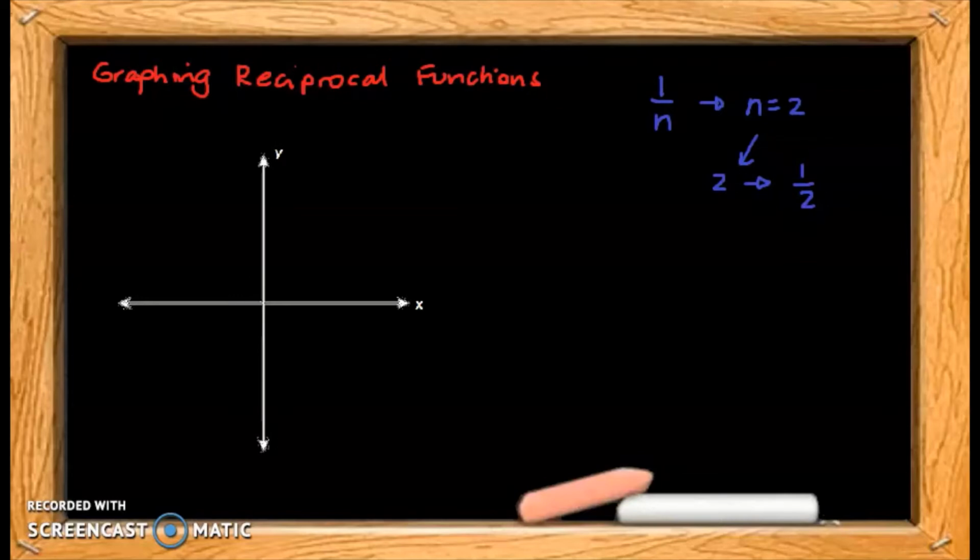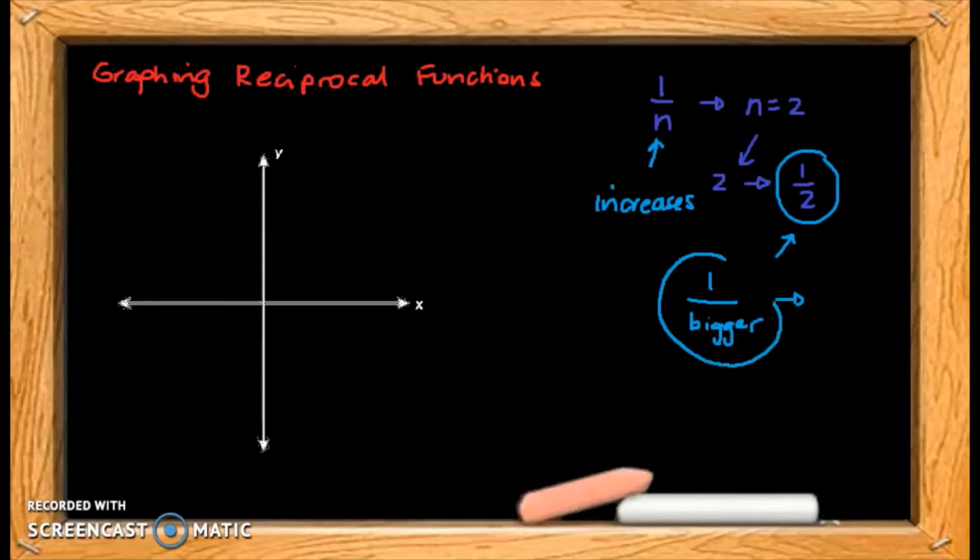So I want to think about this theme that when this bottom number increases, what happens to my fraction? My fraction starts to become 1 over a bigger number. And therefore, as my denominator gets larger, my entire value actually gets smaller.